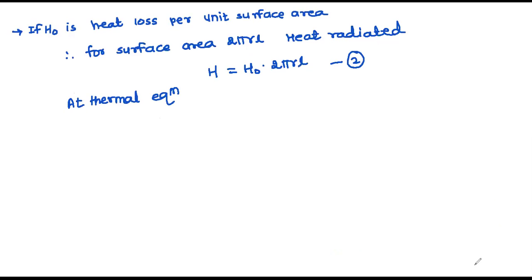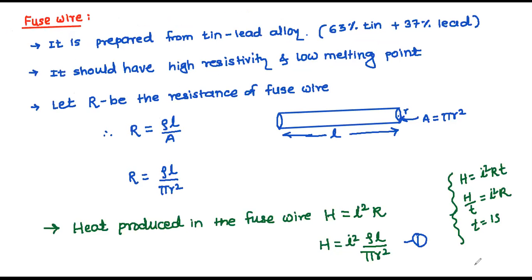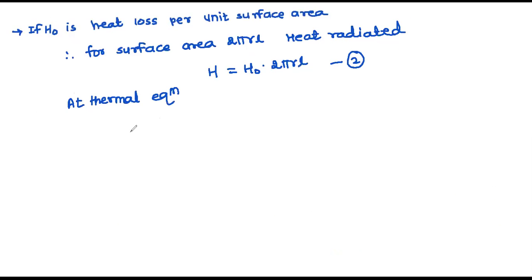So what is your equation number 1? I square rho L by pi R square is equal to this H naught into 2 pi R L. This L and this L will get cancelled.